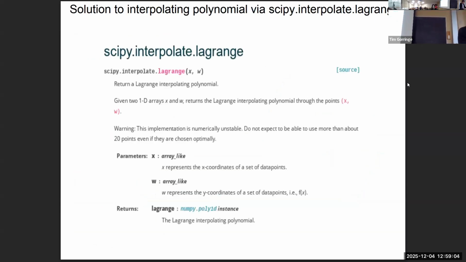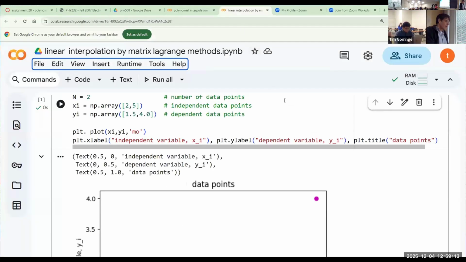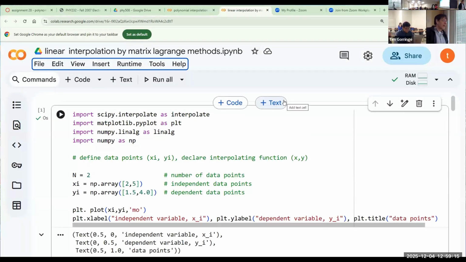Okay, I'm going to go to the code. I'm going to start with a really trivial example so we can follow the calculations in detail. I'm going to imagine that we've just got two data points and we want to find the interpolating polynomial for those two data points.